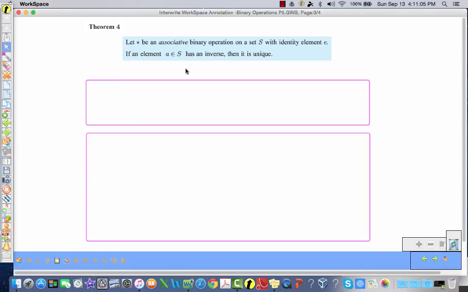So here's another theorem. Let star be an associative binary operation on a set S, so we know it's associative, and it has an identity element E. If an element A, which is a part of S, has an inverse, then it is unique.